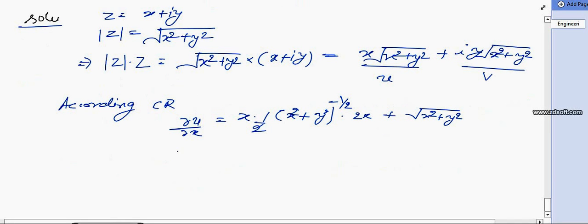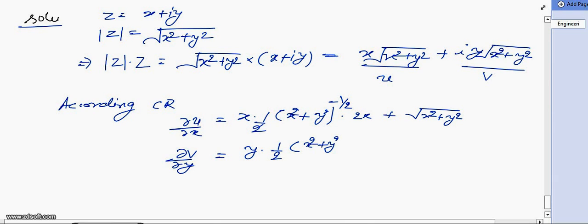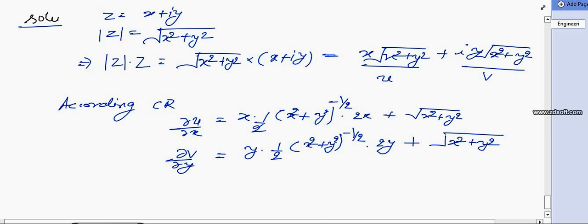And del v by del y, again the same: y into 1 by 2 into 2y upon under root of x square plus y square, plus under root of x square plus y square. So this is your equation 1, and this is your equation 2.